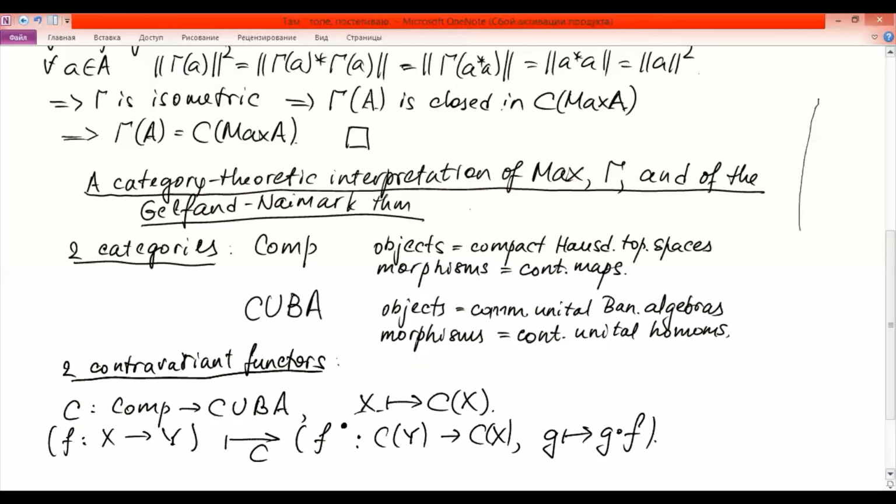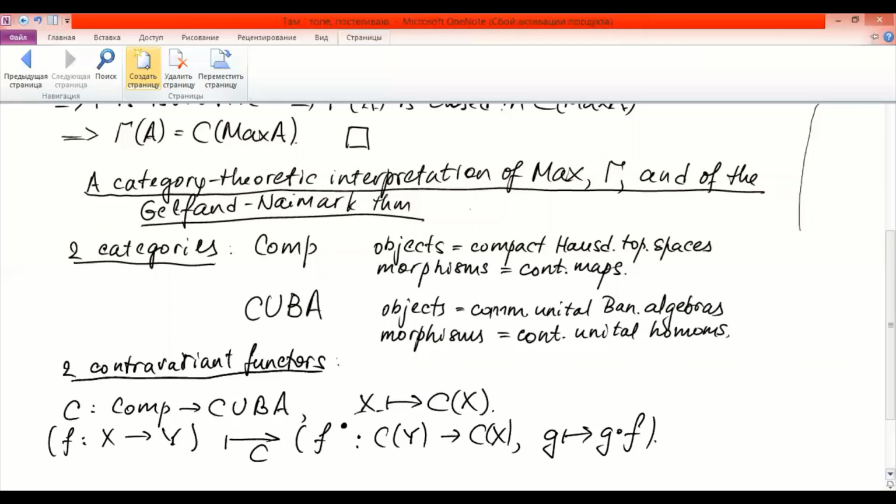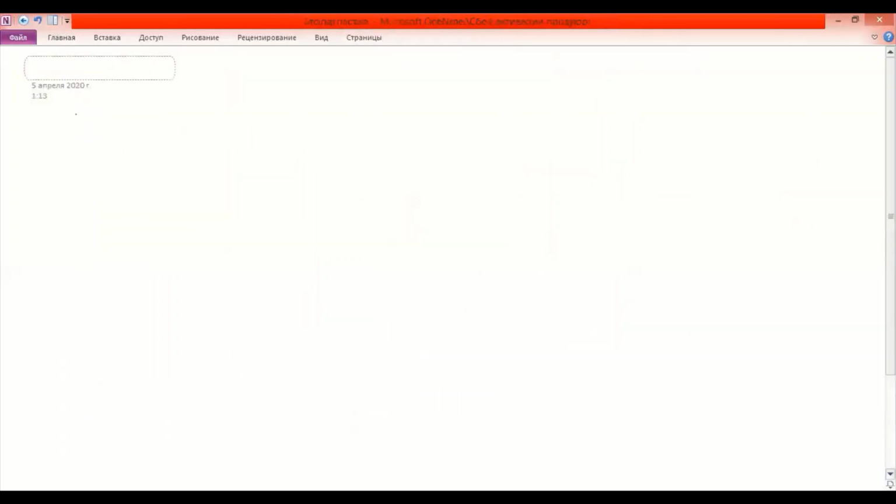And the second functor will act in the opposite direction. The second functor is denoted by max. It acts from cuba to comp, the category of compact spaces, and it takes each commutative unital Banach algebra A to its maximal spectrum, equipped with the Gelfand topology.